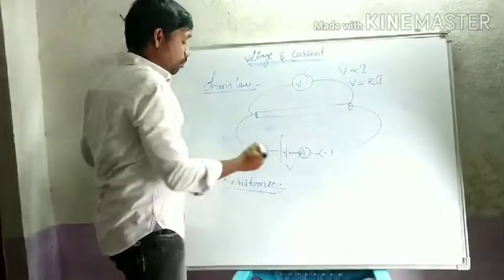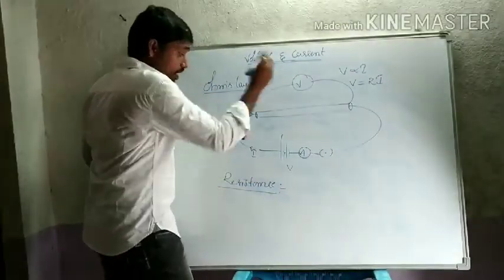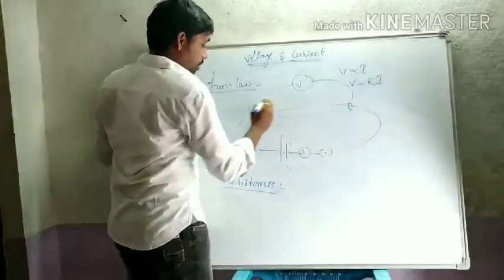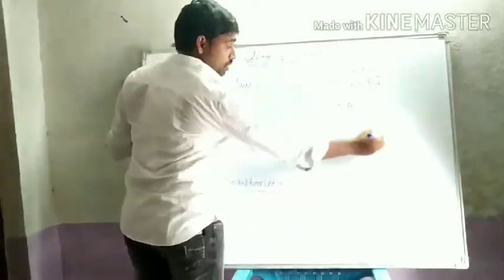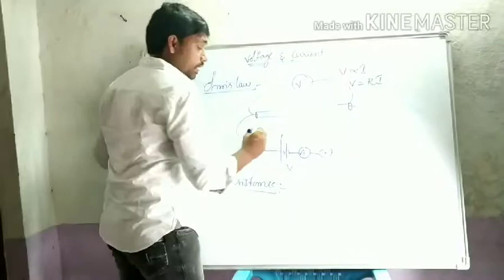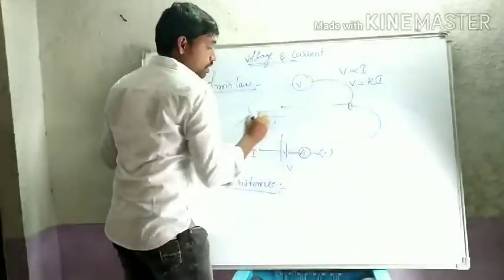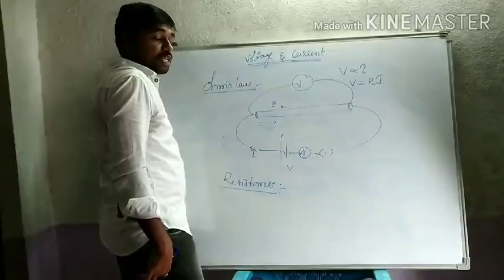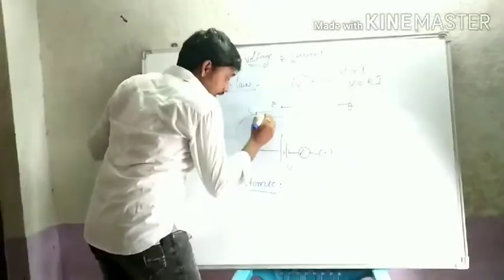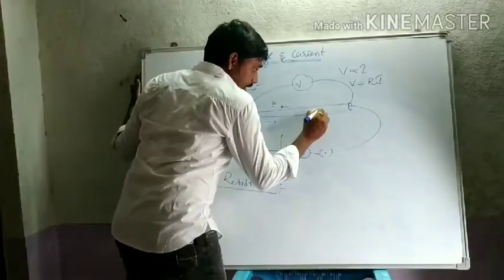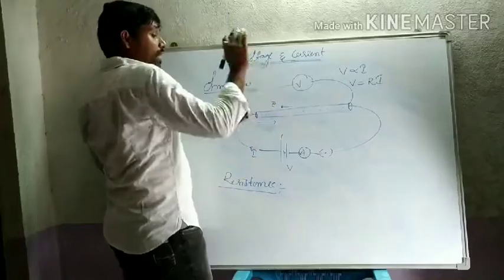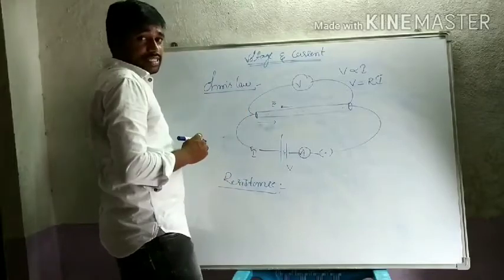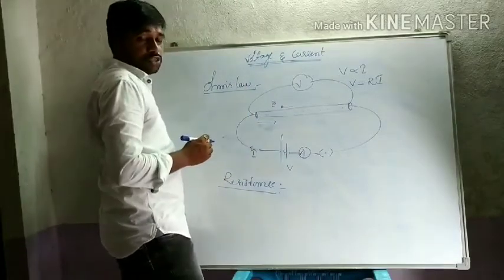Now when a potential difference is connected, the electric force makes the electrons move from the negative terminal to the positive terminal, while current flows in the opposite direction. When electrons move through the positive ions, they collide with them.